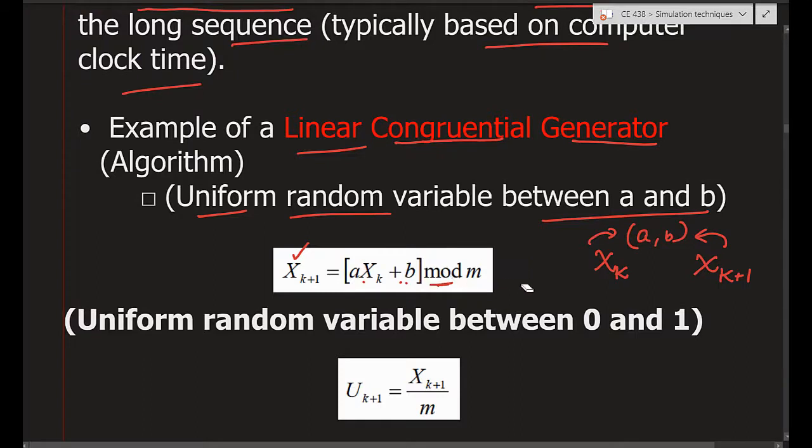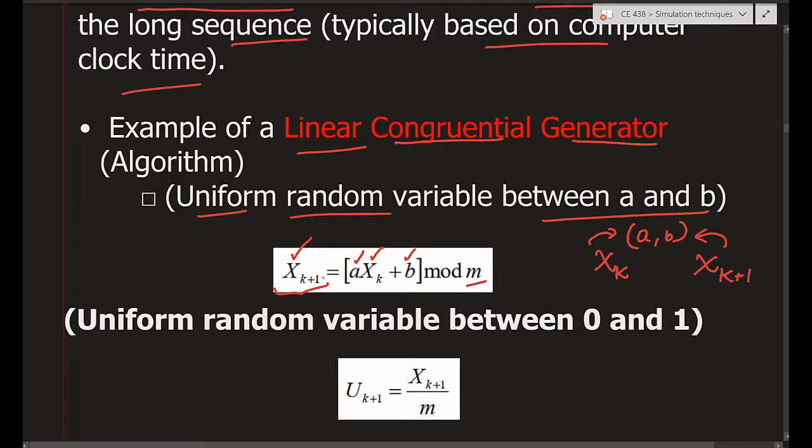Let us try to understand once again. We have a number xk, multiply by a, add b, and then divide by m, and whatever the remainder is, that is my next iteration number, xk plus 1. Now this xk plus 1 is between a and b.